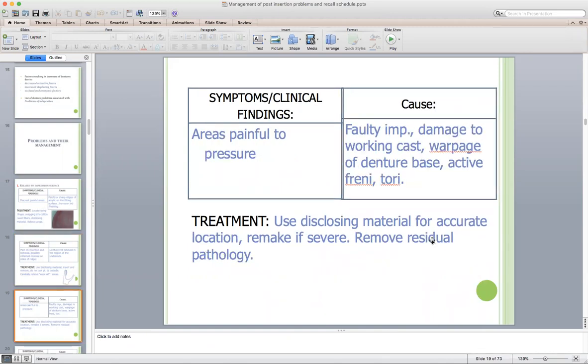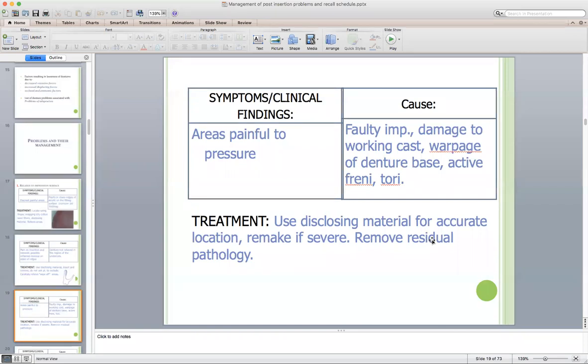Another problem related to the impression surface of the denture is areas painful to pressure. There are certain areas which will be painful when pressure is applied. What can be the cause for this problem? It can be a faulty impression, where the impression has not been recorded properly.